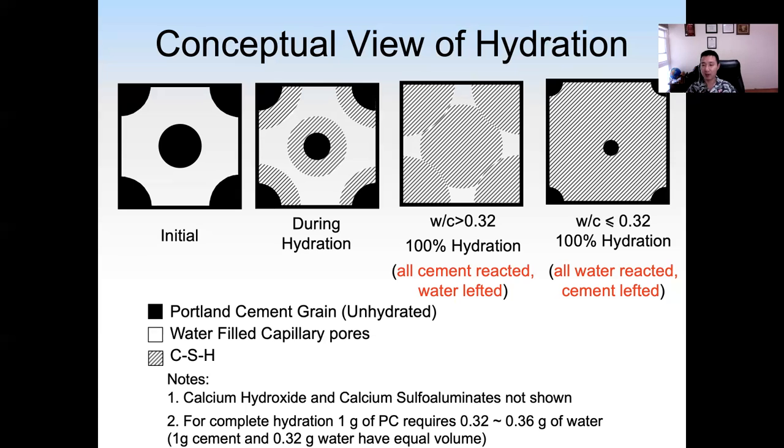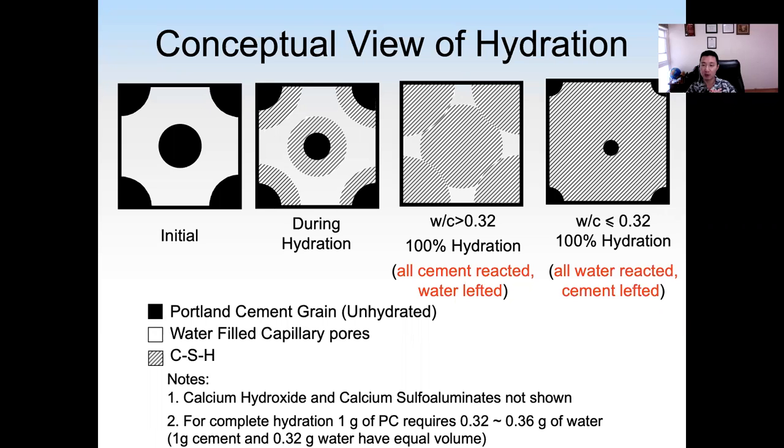When we have less than 0.32 water to cement ratio, then all the water will be consumed, but we have some cement left. But we have fewer pores, as we can see, not many pores, because we have enough unhydrated cement.